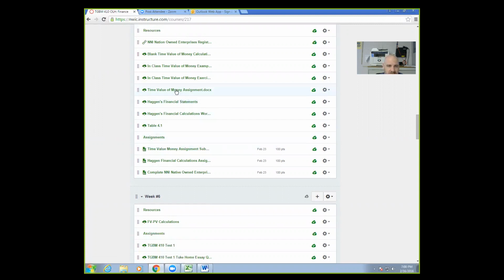You can use that blank time value of money spreadsheet to do the calculations if you want, and I would recommend that. Then there's a Hagen financial calculations assignment. This is more of the Chapter 4 material we worked on last week, like return on equity and return on assets. The financial statements are right there, and the worksheet is right under them. Again, it's just those 10 financial calculations. So that's for next week.